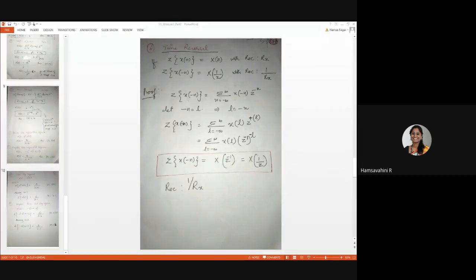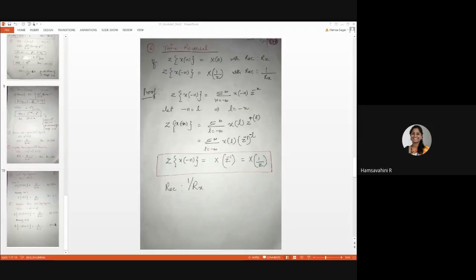I think you have studied this in your maths also? All these properties? At least linearity and time shifting, those properties you have studied? Yes, ma'am. Okay, then it will be easy for you to understand.